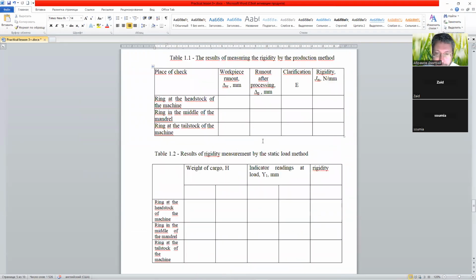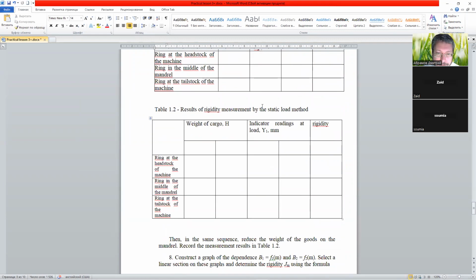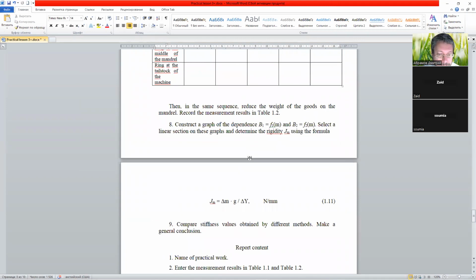Okay, if you calculated rigidity in the first table, you should calculate rigidity in the second table.